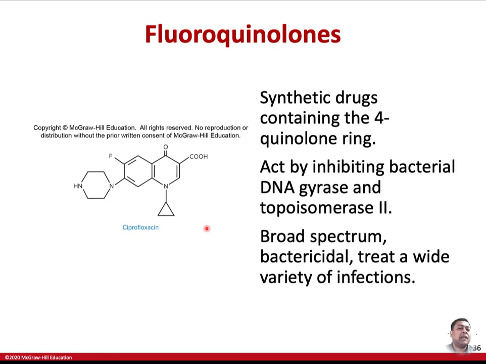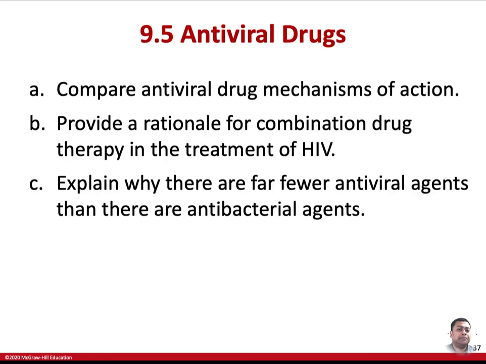So both of these directly act on DNA replication. These are broad-spectrum bactericidal drugs that treat a wide variety of infections, and one common example is ciprofloxacin, one of the fluoroquinolones.